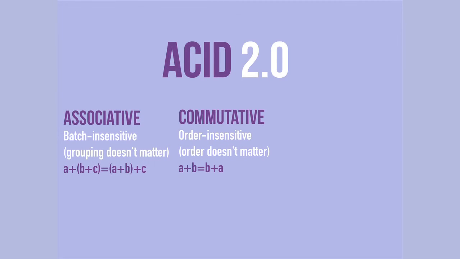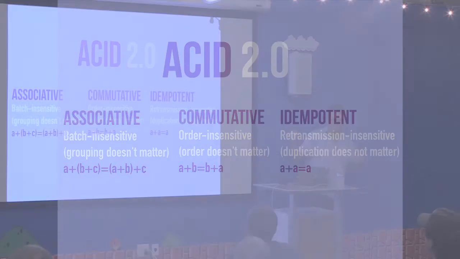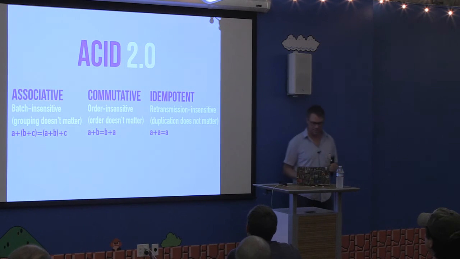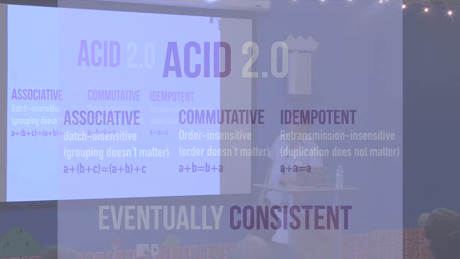C is commutative. Everyone knows what commutative means. That means the ordering doesn't matter. And I is idempotent. So A, C, I. And D stands for, I don't know, distributed perhaps. Idempotent means that duplication does not matter.